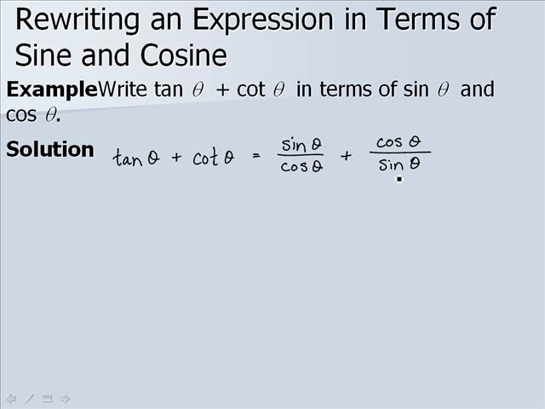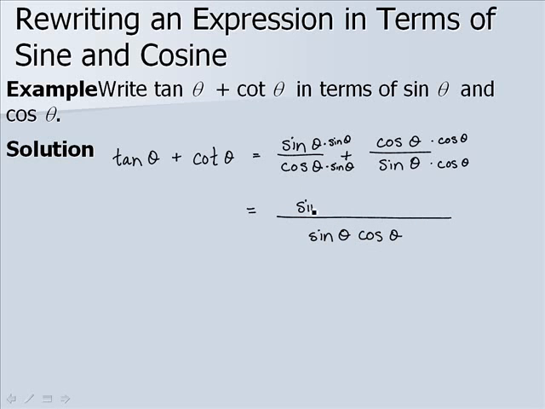Now we want to put these two fractions together in one fraction, so we need to get a common denominator, and that will be cosine times sine. So we need to multiply here the top and the bottom by sine, and here we'll multiply the top and the bottom by cosine. And this gives us our common denominator of sine and cosine multiplied.